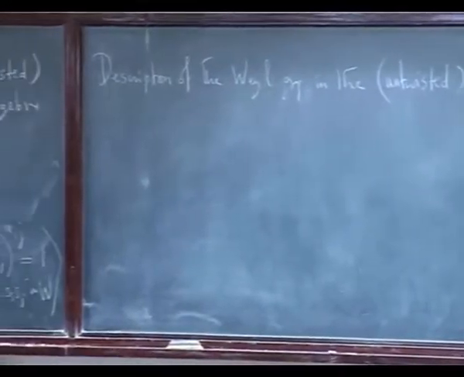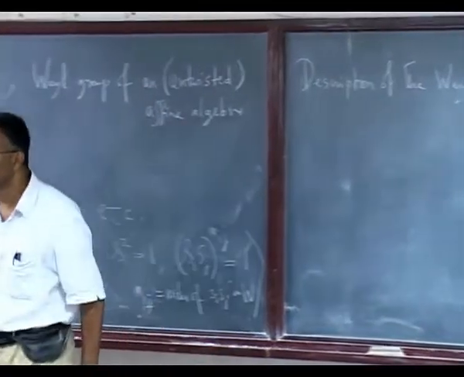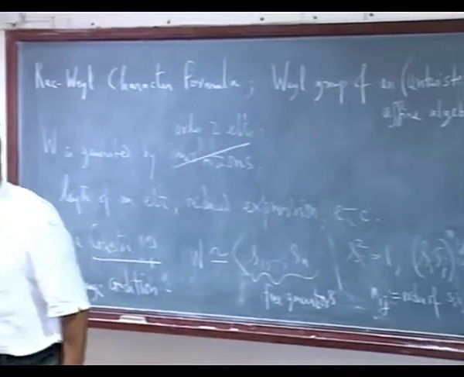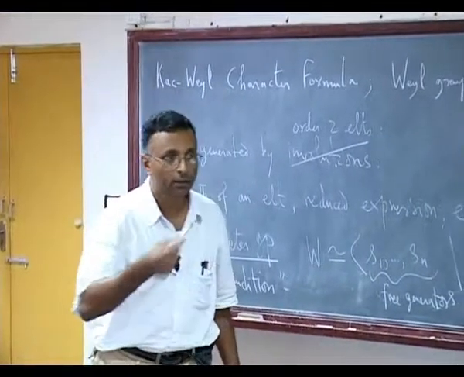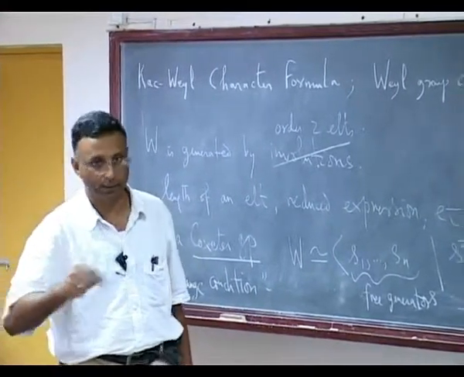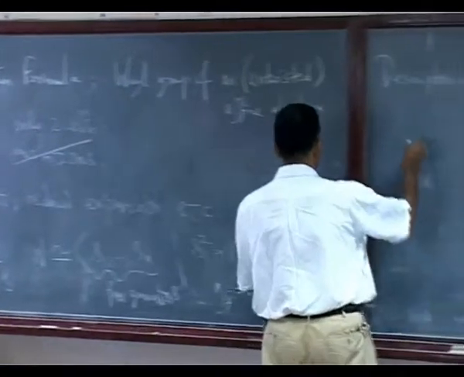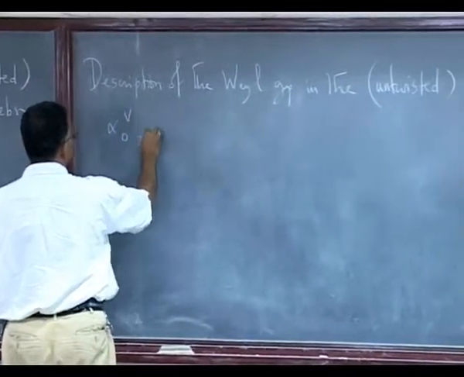So what is H in this case? So now we go to the particular description. Okay. We are not working anymore with the abstract thing, but we go to the concrete realization of the affine. So we have alpha naught, alpha.